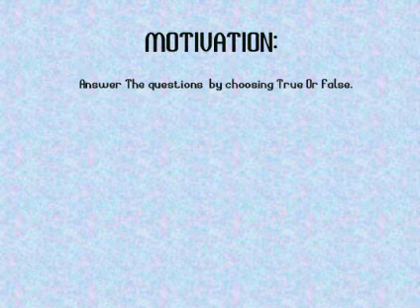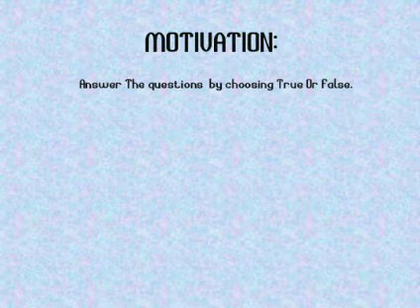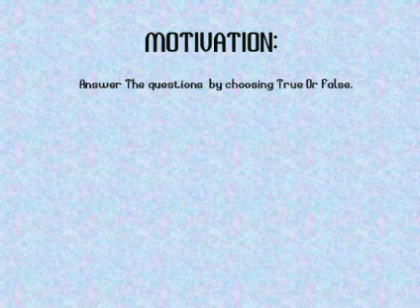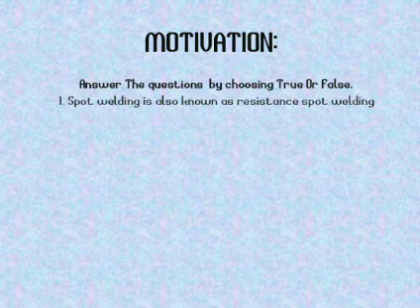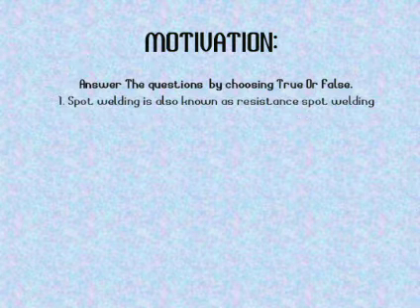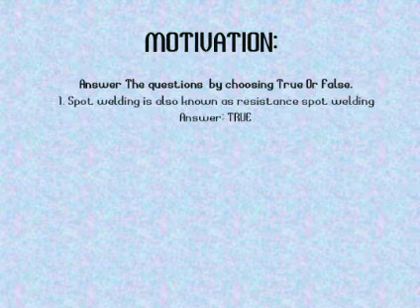So first we will have our motivation. All you have to do is to answer the questions by choosing true or false. The first question is, spot welding is also known as resistance spot welding. The answer is true.